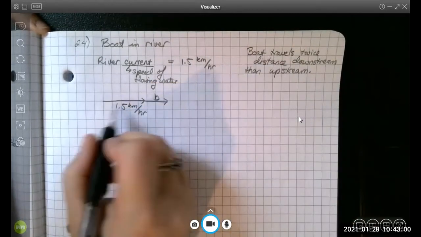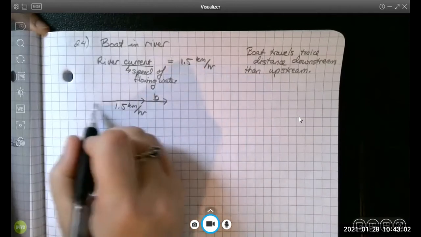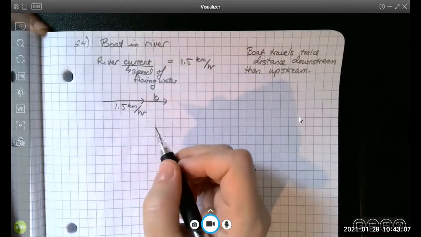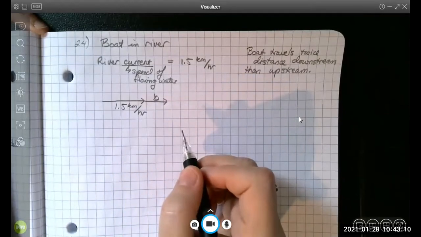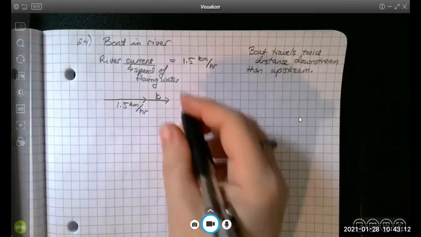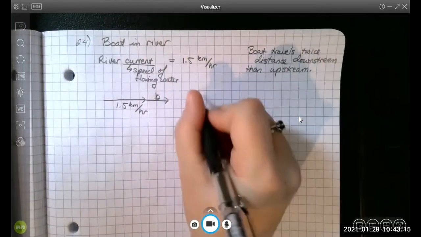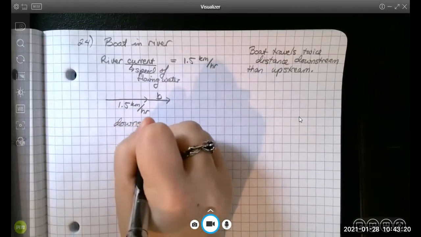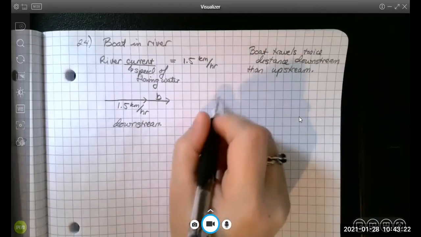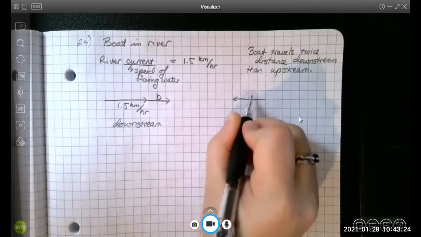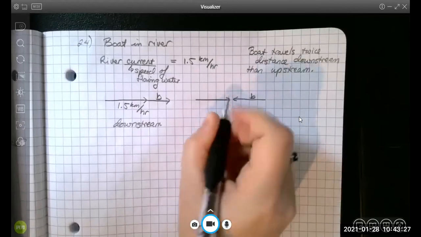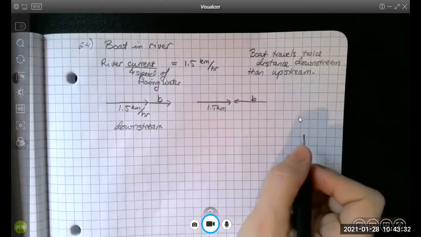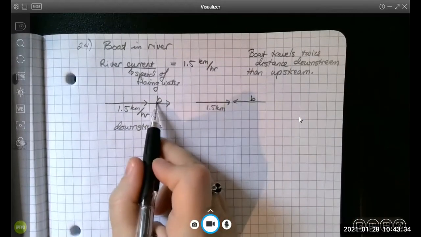Now, when we go downstream, we're going to go double the distance compared to going upstream. So when we're solving this, what we're going to have is a boat that's traveling upstream. So this is going down. And this one, the boat's going up, and this is going down. And this is 1.5 kilometers. Now, it would be very, very tempting to say, oh, the boat, it's going double the distance.